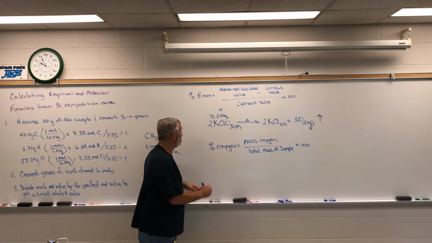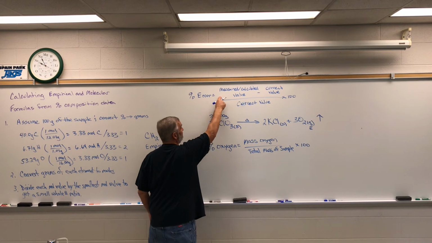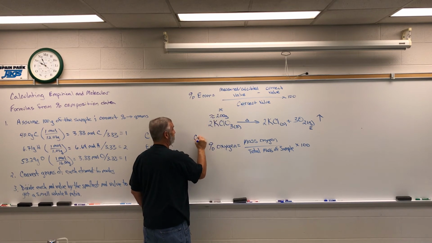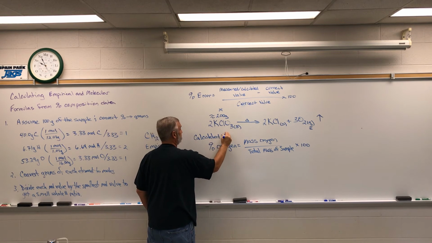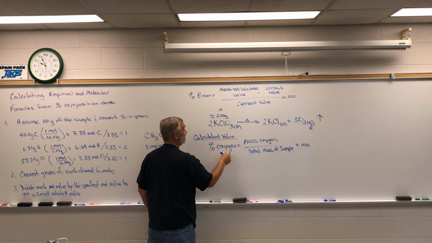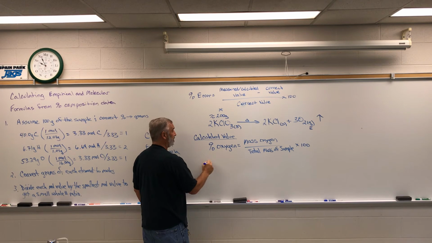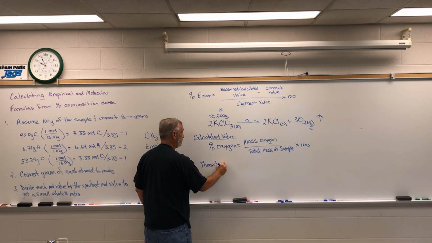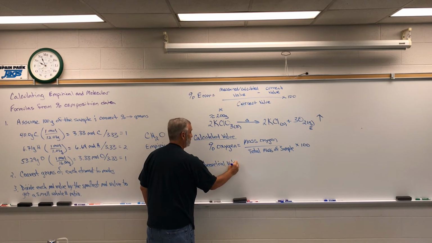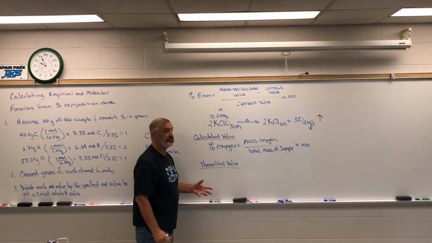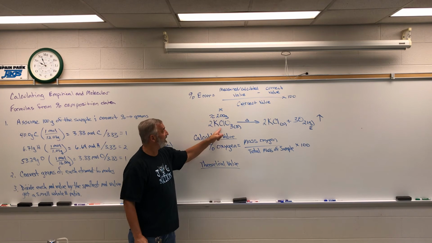Calculate this is your experimental or your calculated value. This is the calculated value. Okay, it's going to give you this. Now, your theoretical value or the right answer, this is like the problems you just did on the worksheet. We know it's KClO3.